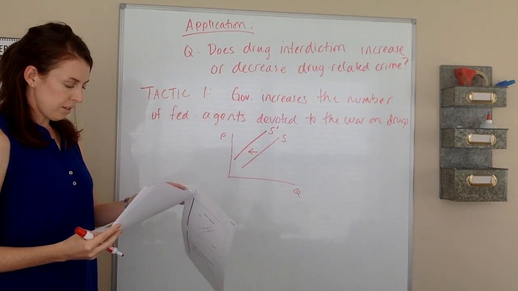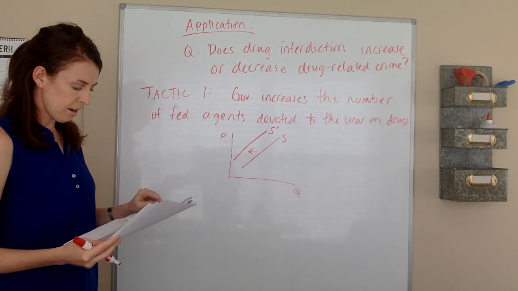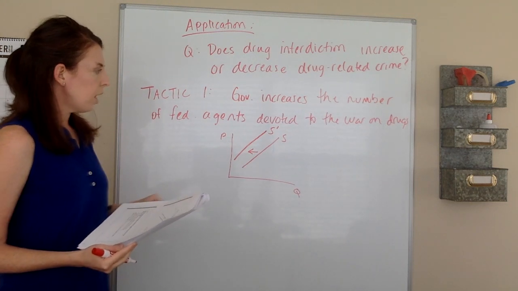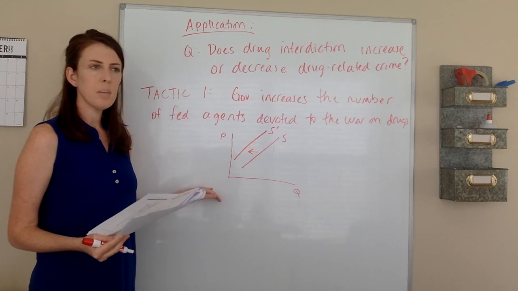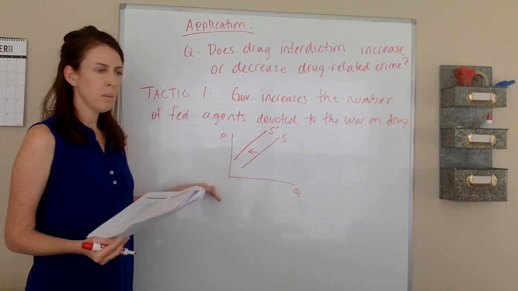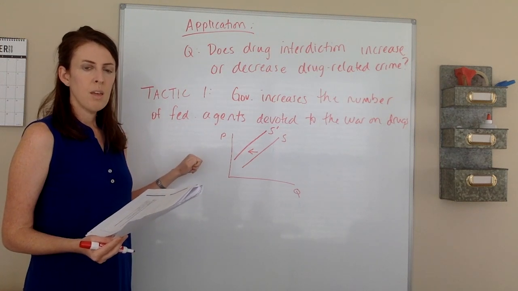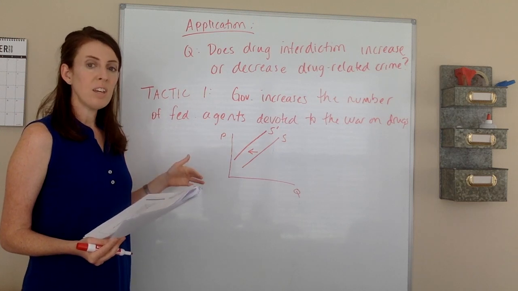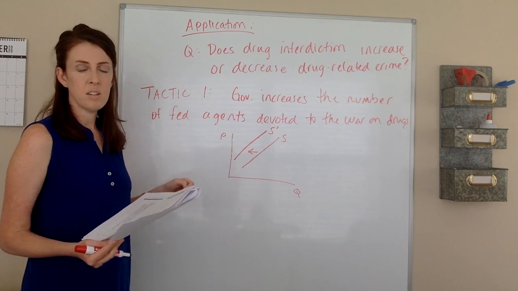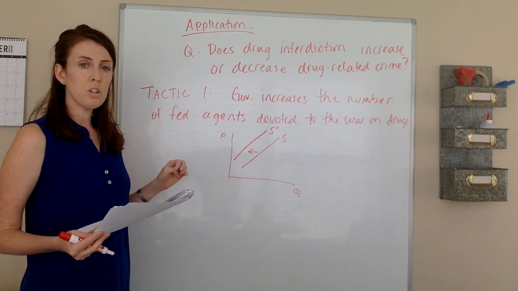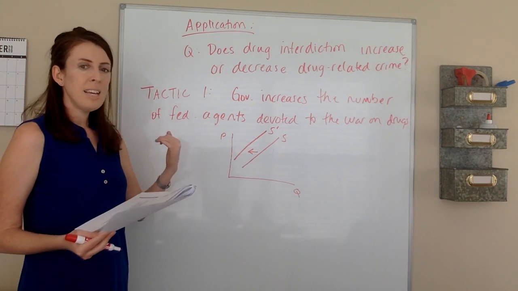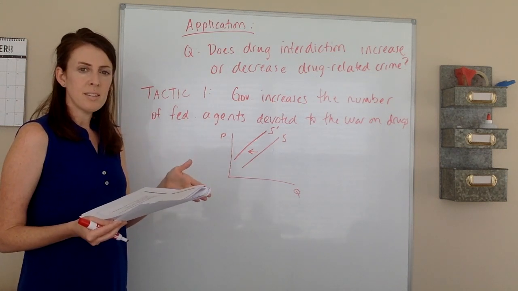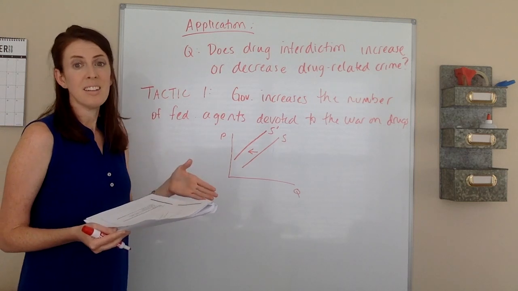Okay, the second thing we can think about is what about the demand side? Let's think about the market for illegal drugs, and let's think about demanders of illegal drugs. They're going to have a very specific price elasticity of demand. What's important to note here is that on the demand side, in the illegal drug market, the price elasticity is incredibly inelastic.